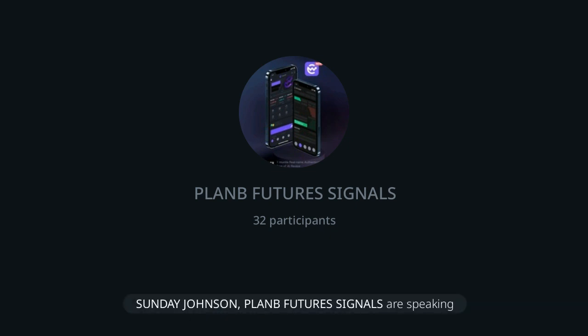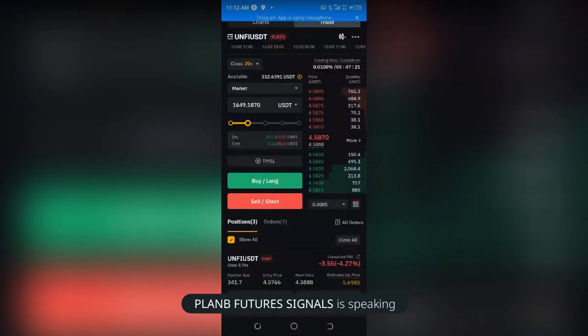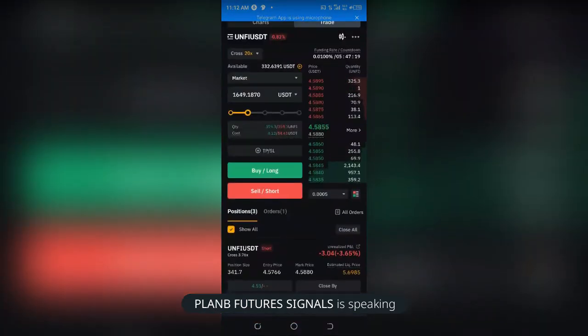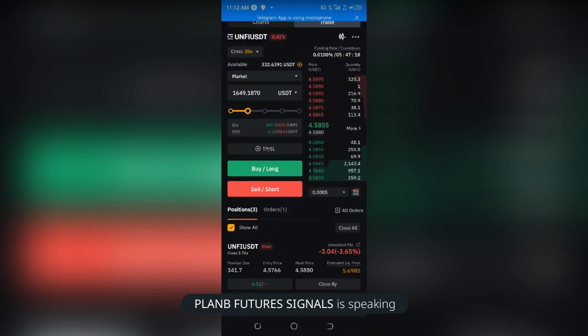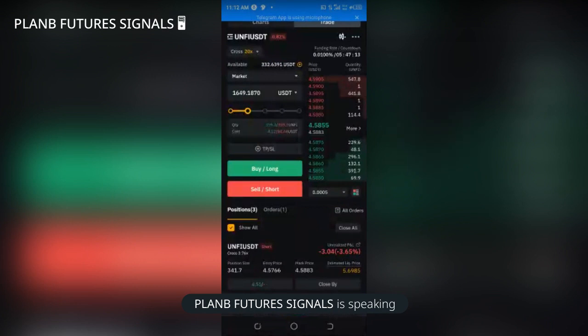Please, just show us where you can get the liquidation price. Maybe that's what I was trying to ask. But everybody, I think if you have been using the exchange, everybody will see the liquidation price. You can see this my page now. You can see where they write below this unrealized PNL, estimated liquidation price 5.6985.